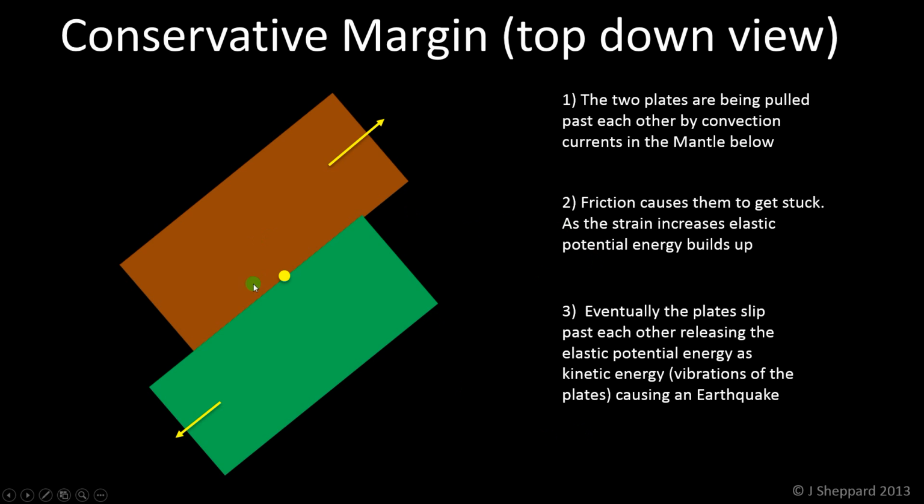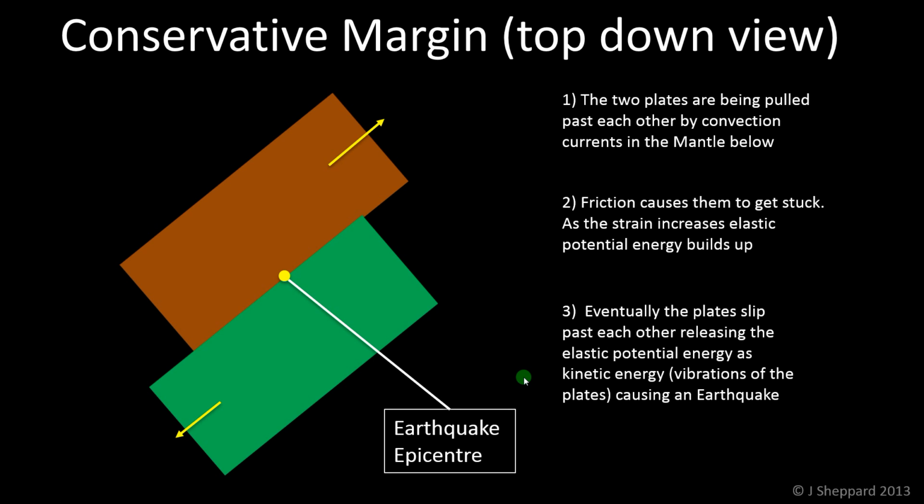At the place where they were mainly jammed, we get the earthquake occurring, and the red circles there were the shock waves expanding out from the earthquake centre, which we call the epicenter of the earthquake. Okay, so it's this process of build-up of elastic potential energy and sudden slippage of the plates that leads to the vibrations of the earthquake.